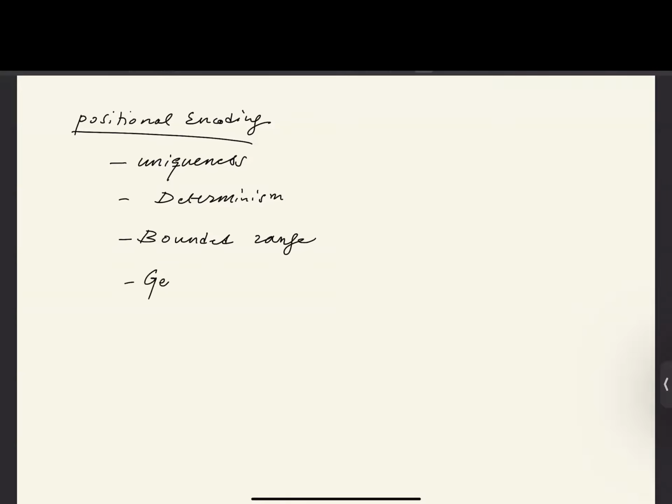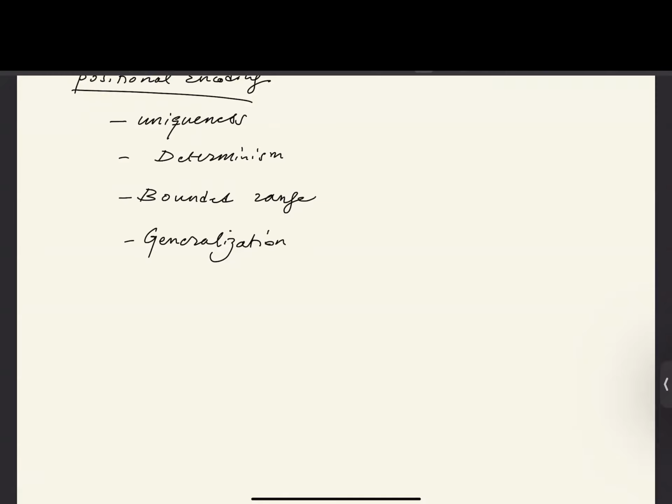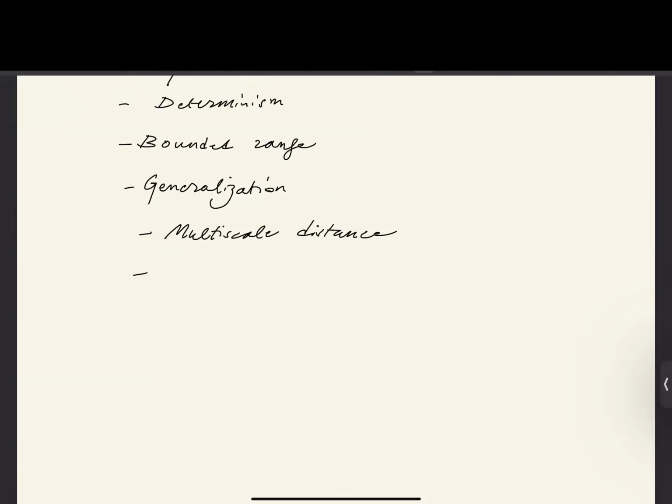So generalizable. The encoding must distinguish between near and far positions at different scales, right? So a multi-scale distance awareness. We don't want to mess up the continuity for gradient descent, so nearby positions should have similar encodings, some kind of smooth transition.